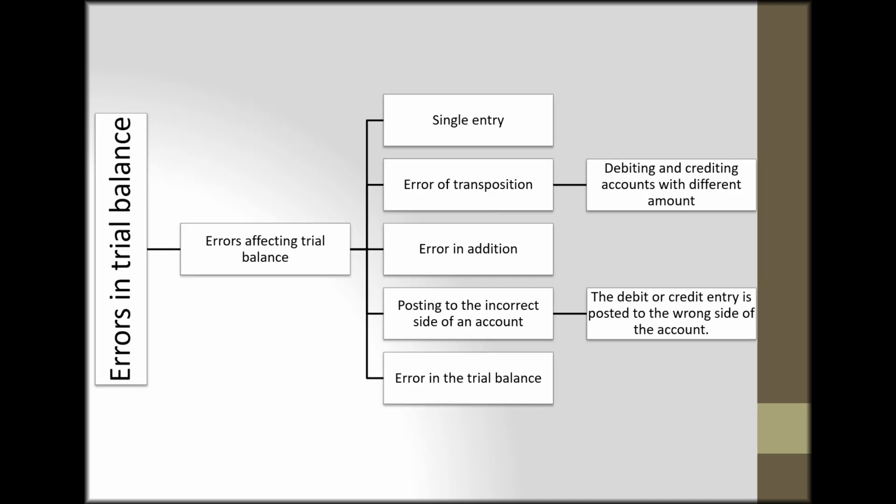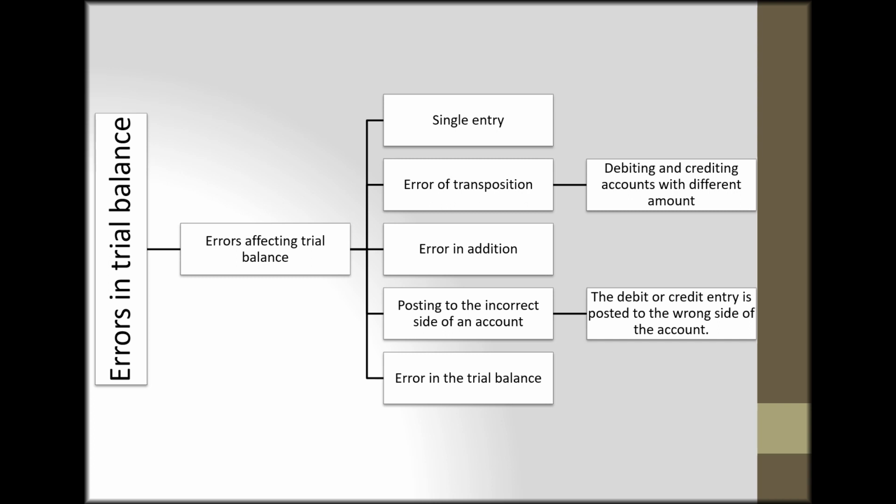Now we are looking at the errors that affect the trial balance, meaning that the debit balance does not agree with the credit balance. One of the reasons for errors affecting the trial balance is the single entry. This is where for a business transaction you record only either debit or credit.